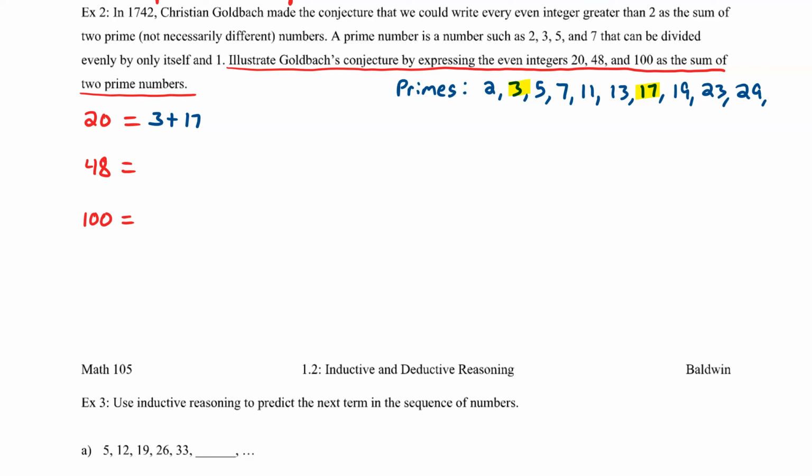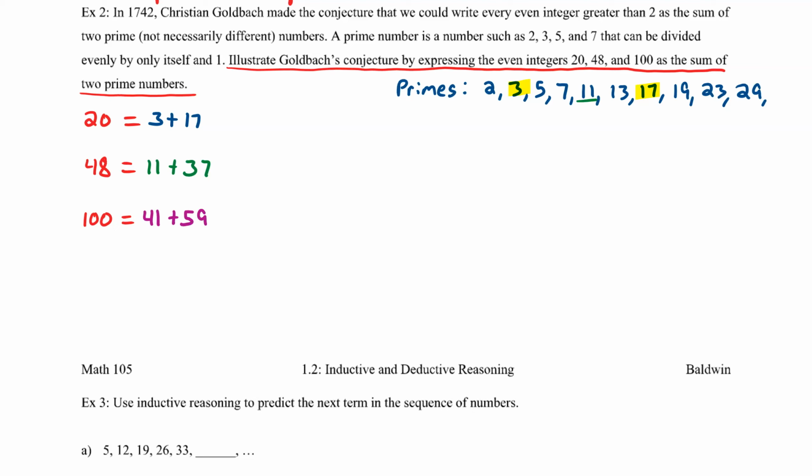If I wanted 48, if we extend our list of primes, we notice 11 is a prime, but we would also find that 37 is a prime number. So 11 plus 37 equals 48. And for 100, we could use the prime numbers 41 and 59.